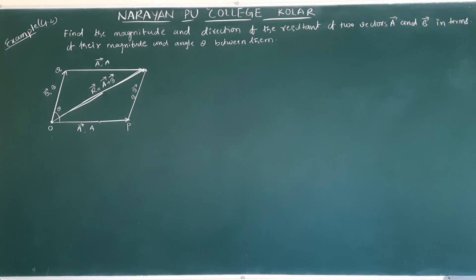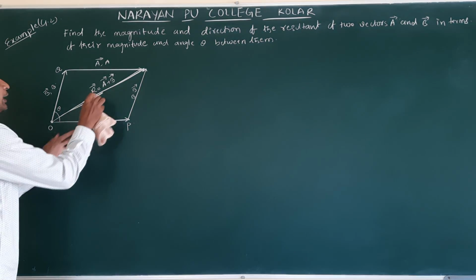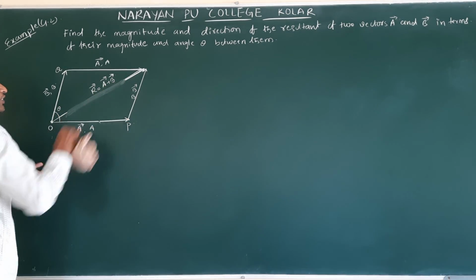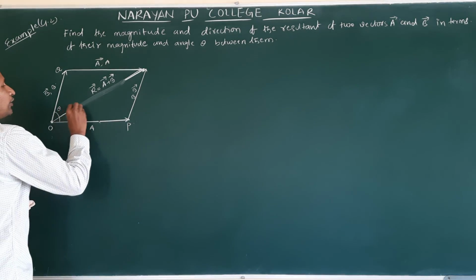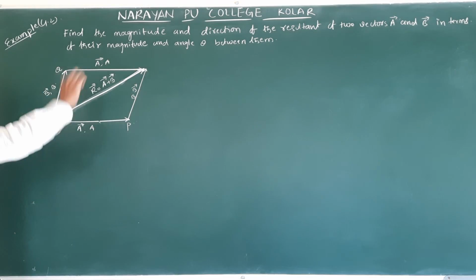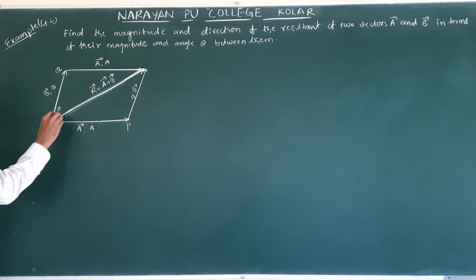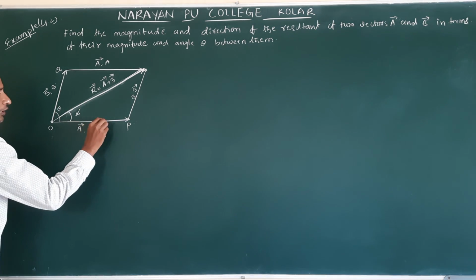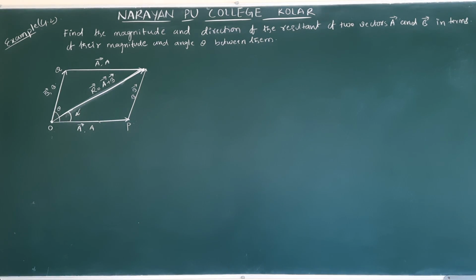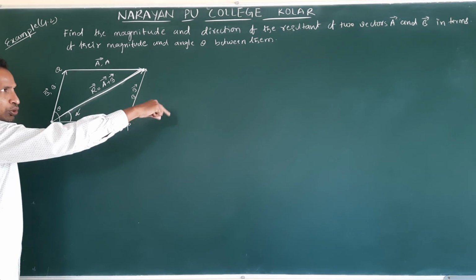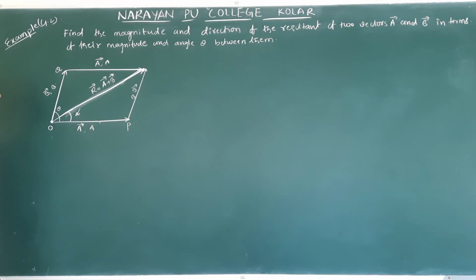Instead of calling it A plus B, we will call it the resultant vector R. Now we are going to find the magnitude of R. Put an arrow here, all are vectors only. Now this vector makes an angle alpha with OP, vector A. Clear? To find the R value, what R is, what the magnitude is, everything you will come to know in this derivation. Till then you just follow.